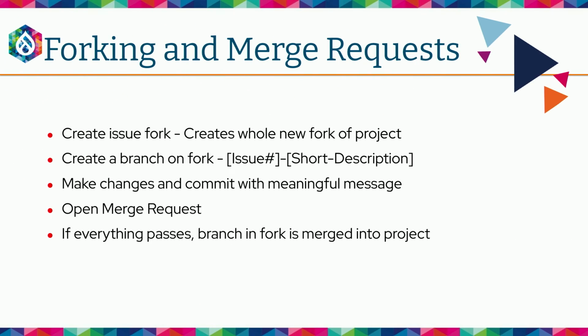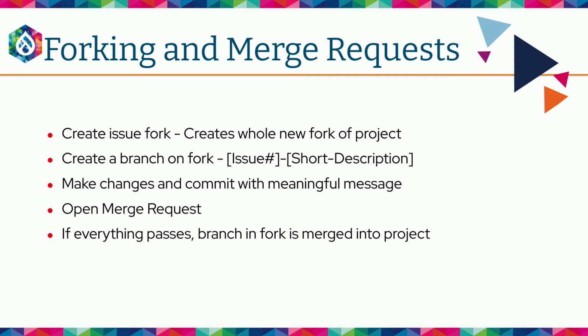So when we do a fork and a merge request, we're basically forking the project. So we're forking Drupal core or one of the contrib modules, and we're creating a branch on that fork for the current issue. So it could be like issue number 123456 dash colors are wrong on title, and then we would make changes in that branch.